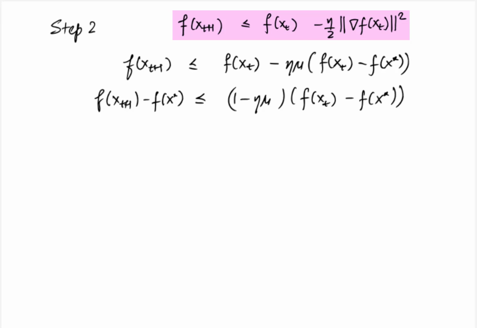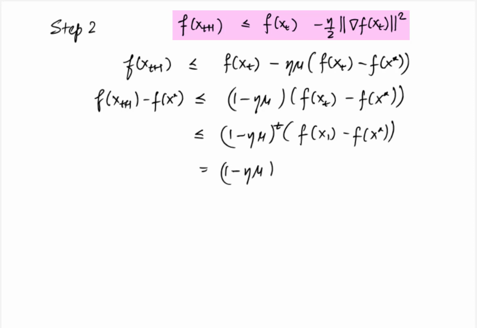So then if we recursively follow this all the way through to the first iteration, then the right hand side, which is the optimality gap at xt plus 1, can be bounded as 1 minus eta mu raised to the power t times f of x1 minus f of x star, and then using the definition of Bf, this would be less than or equal to 1 minus eta mu raised to the power t into Bf.